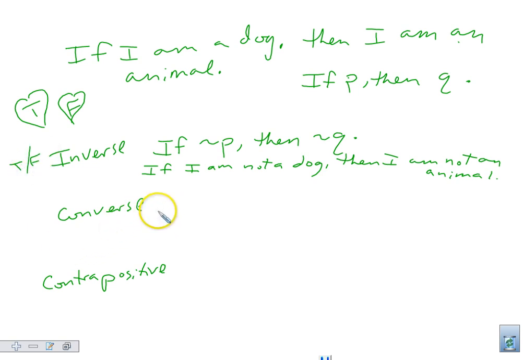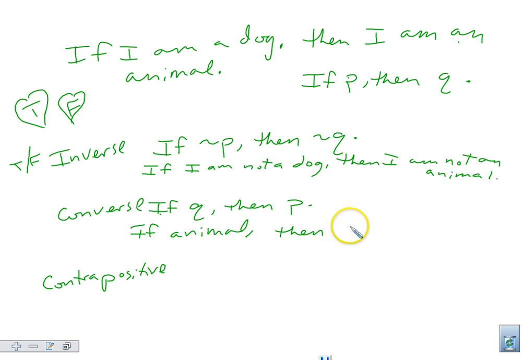The converse would be if Q, then P. So again, pause the video to write out what you think the example would be. Alright, hopefully you got if I am an animal, then I am a dog. Right? Again, is that true or false?